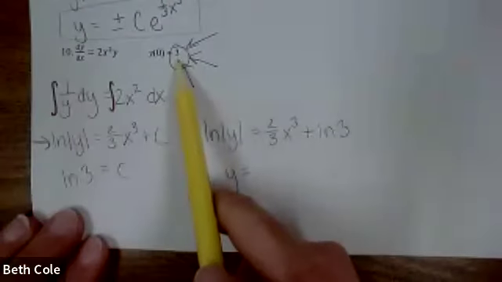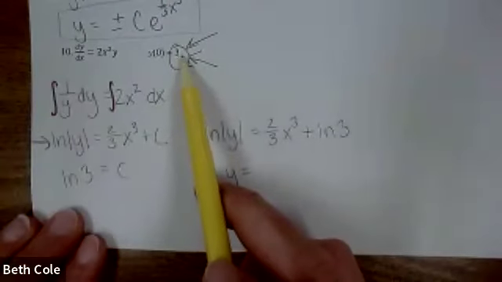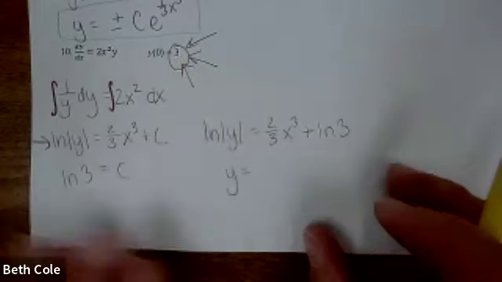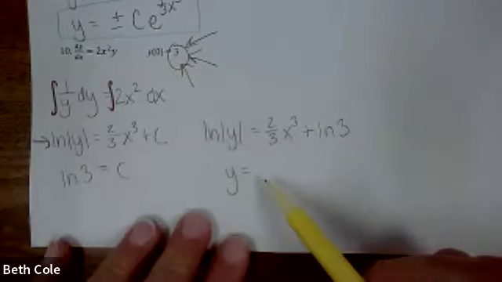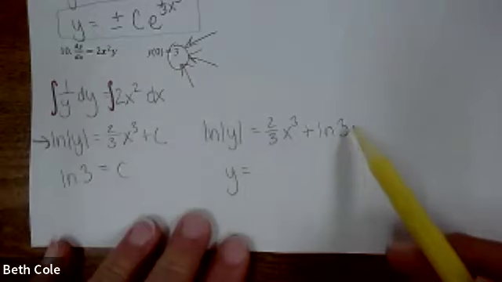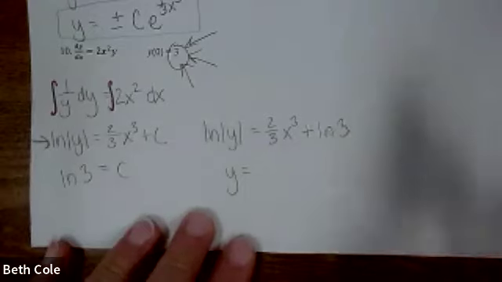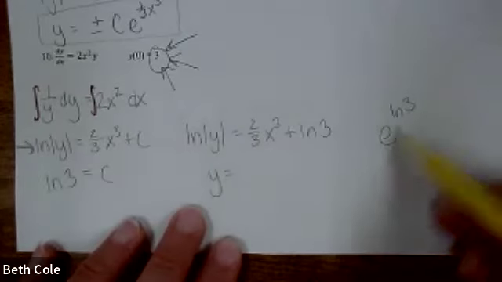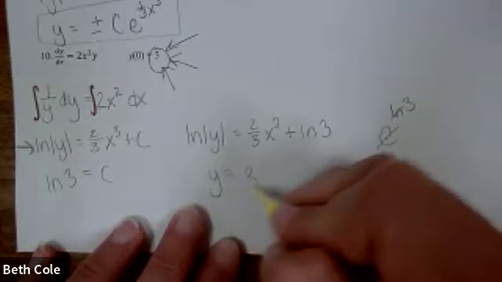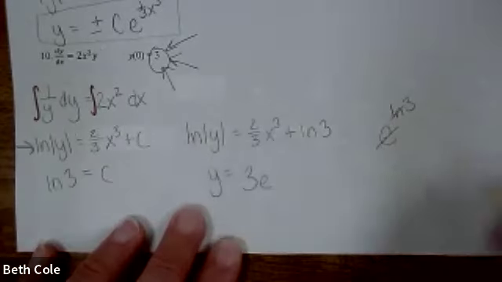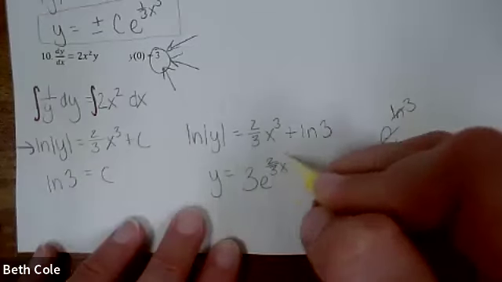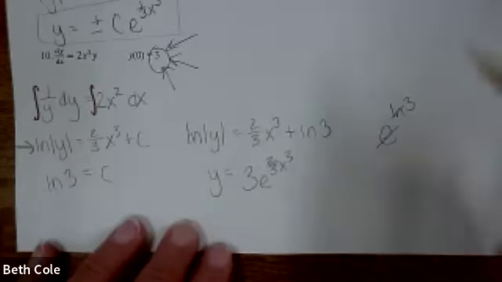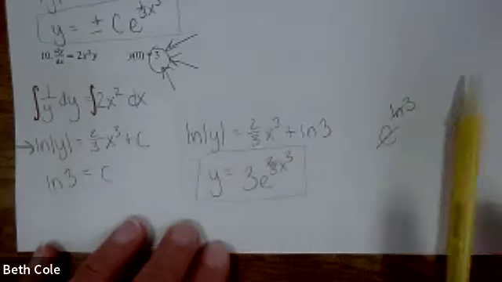That's a positive 3, so we want a plus. You don't have to write a plus. Just don't put anything. Now, out front, you would normally put C, but in this case, it's going to be 3. It's going to look like that, and the E and the ln cancel out. So it will be 3 e to the power that stuff. Just recopy it.